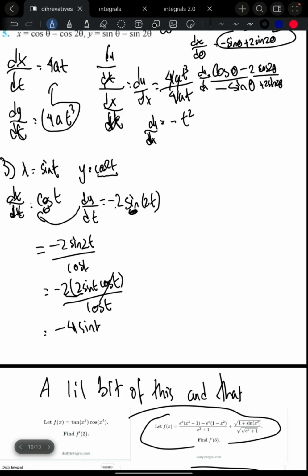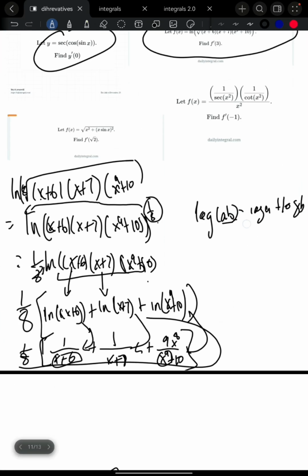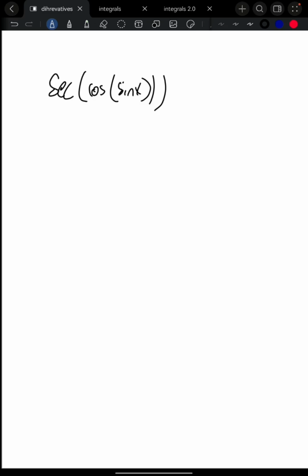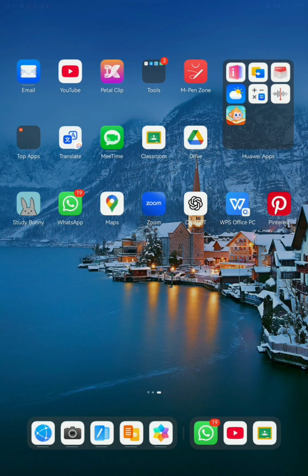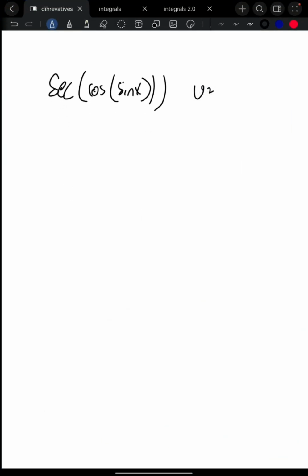Is it sec of cos of sine x? Fine, sec of cos of sine x, find dy by dx. Well, I'm going to say u is cos of sine x, right? And so we know this is just secant u, right?